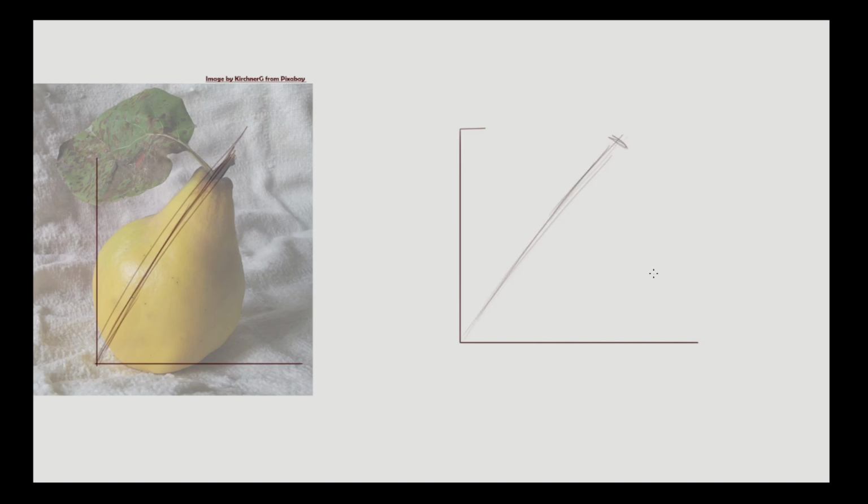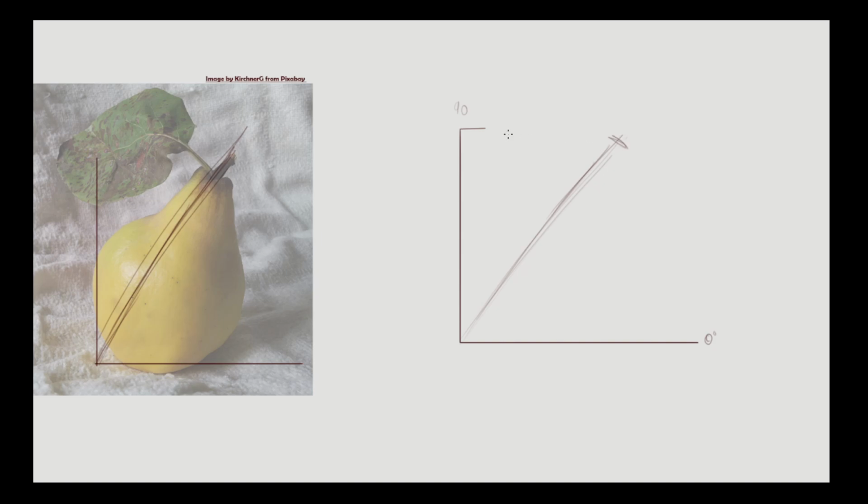Now, as you can see, the tilt of an object can be calculated by seeing at what angle it is, considering this is 0 degrees and this is 90. So this is between these two almost.